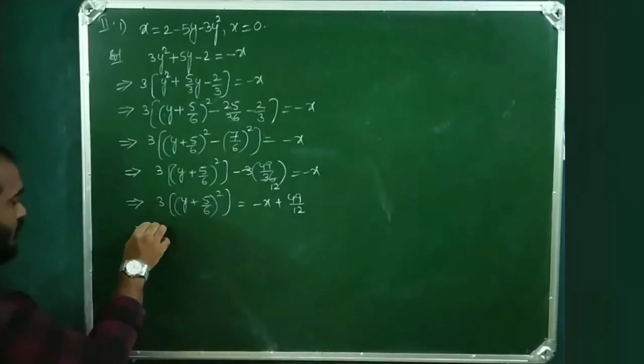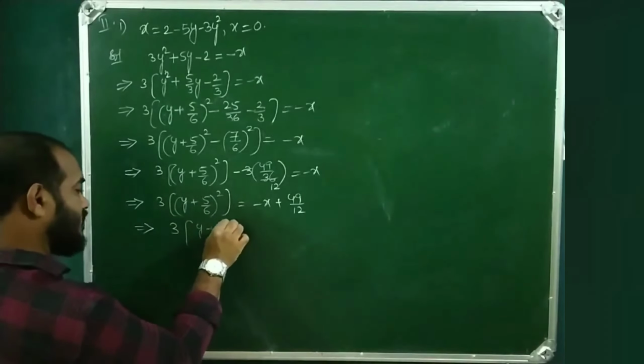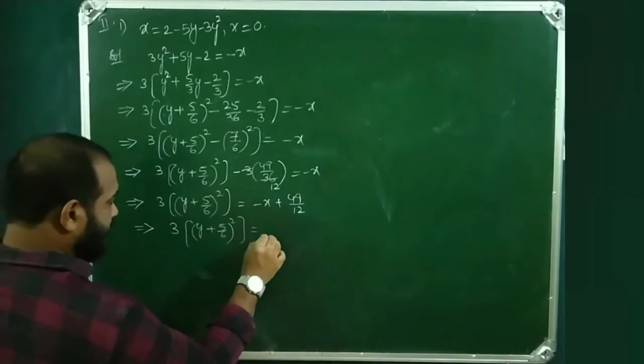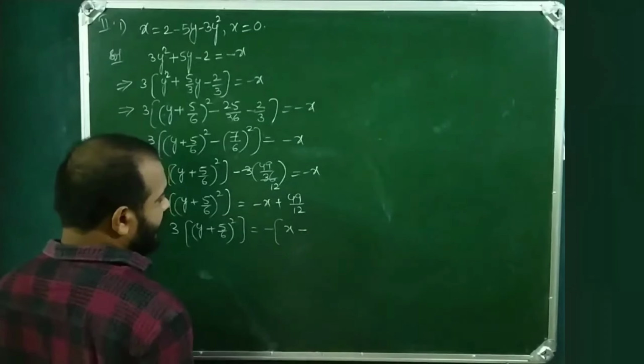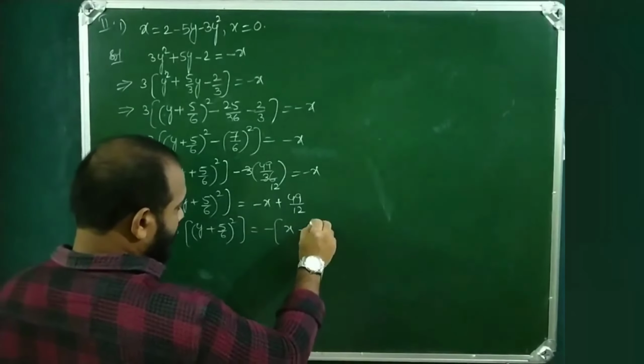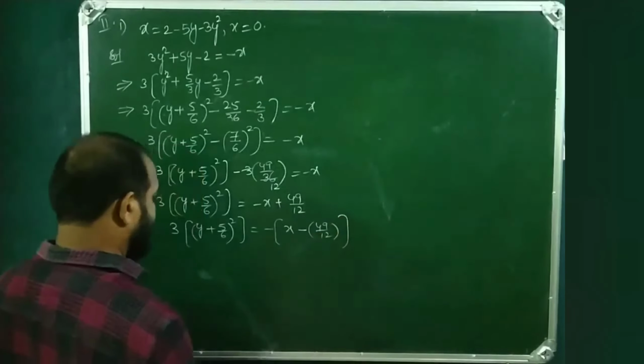So this is equals to 3 into y plus 5 by 6 whole square equals minus of x minus of 49 by 12.